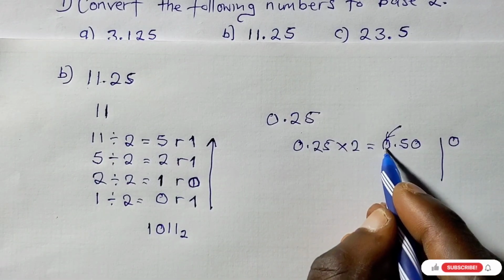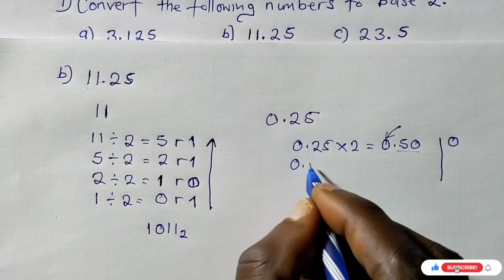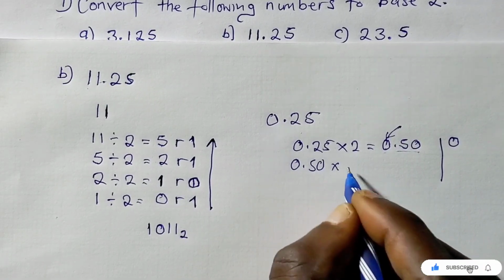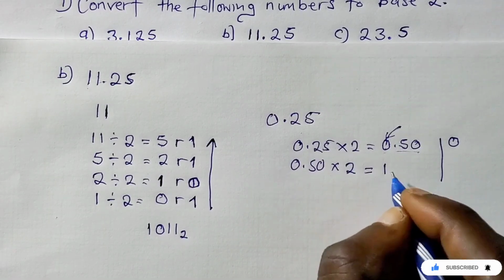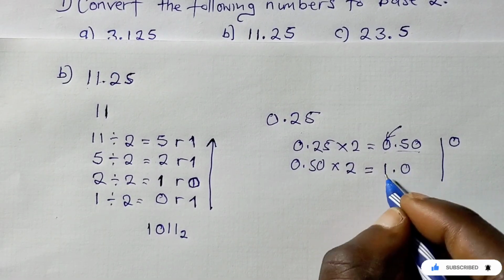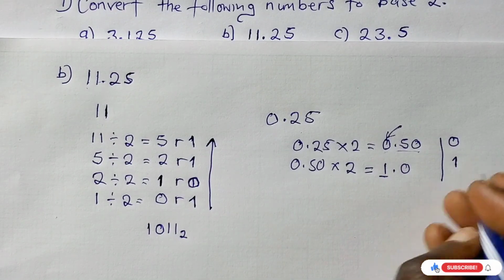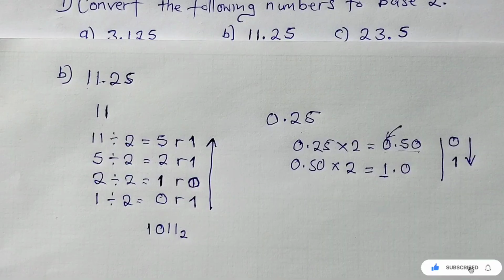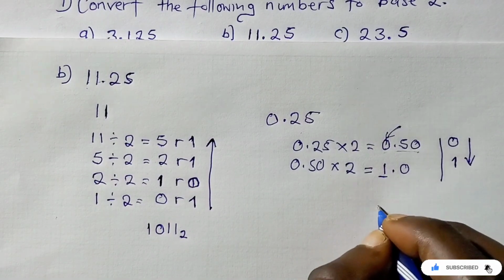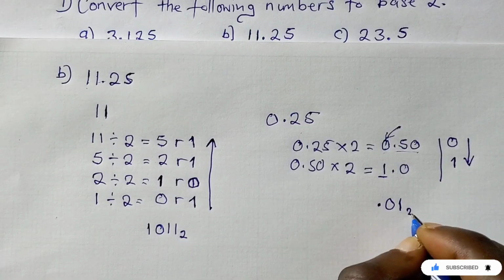Since this is 0 and it's not 1, we proceed to the next, which is 0.50 multiplied by 2, and we're going to have 1.0. Now, since it's 1, then we end. Then we get these answers from top going down. So this will be 0.01, base 2.